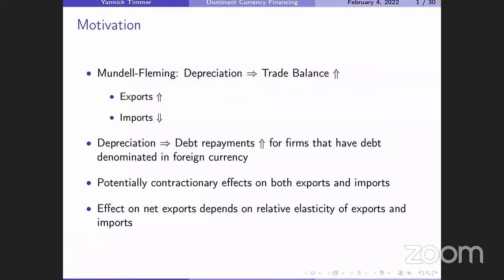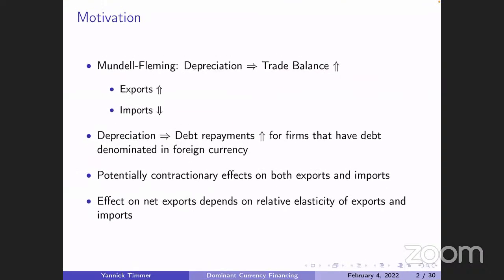The motivation for our paper is that, under the traditional Mundell-Fleming model, a depreciation in the exchange rate leads to an increase in the trade balance. And why is that the case? Because the relative price of exports for the country that is depreciating is declining, so demand from foreign countries is increasing, which leads to an increase in exports.